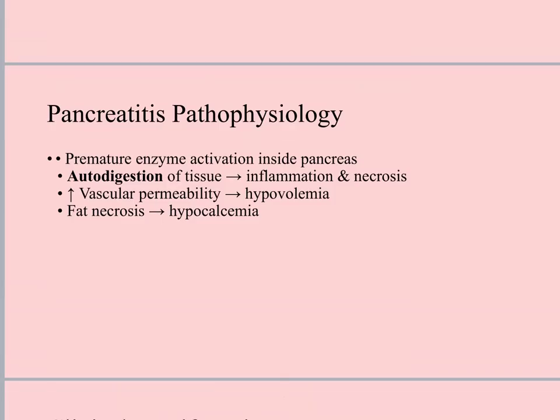When the cells are damaged, they release inflammatory mediators. So there's those cytokines again, and they just make the process worse. And then this inflammatory response can even go beyond the pancreas, and it can lead to a systemic inflammatory response syndrome. So this is super, super painful.